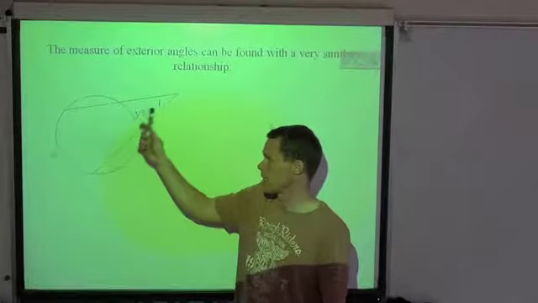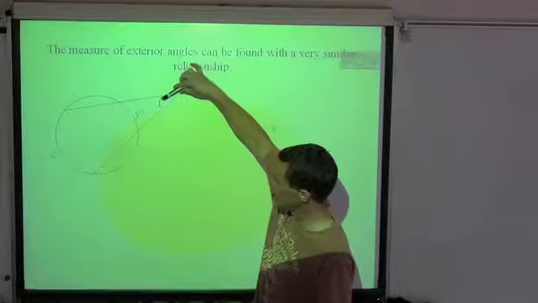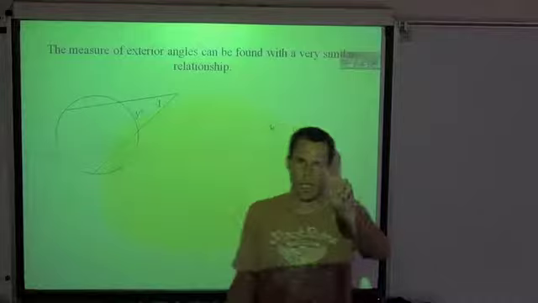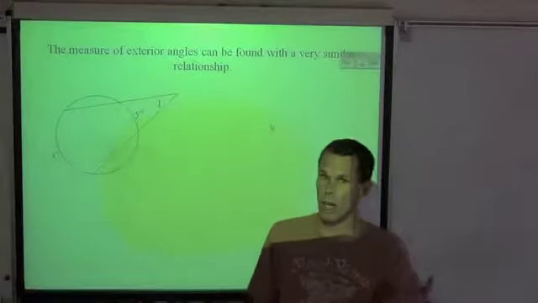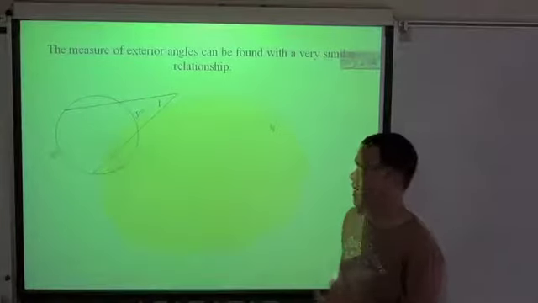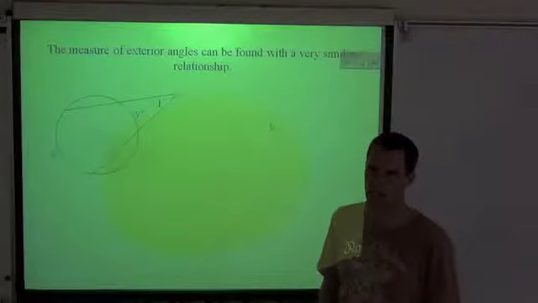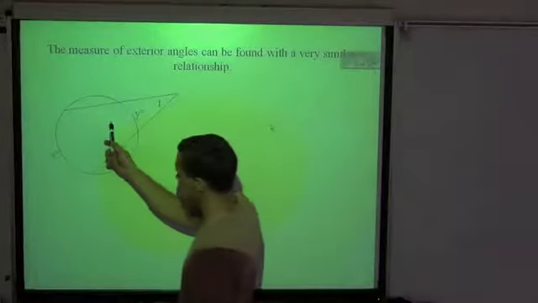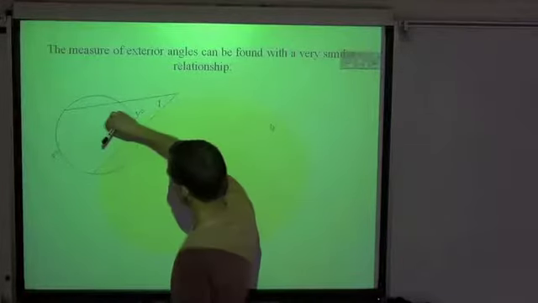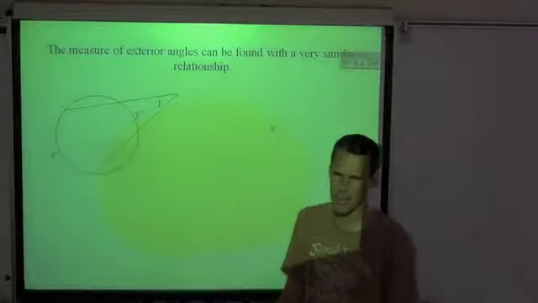So I have two secants here that are forming an angle, angle 1, and this secant is opening up to two arcs again. Notice one is larger than the other. But the problem is this angle 1 cannot possibly be the average of X and Y. The angle inside the circle would be, and that angle would be much larger than 1. Here we're pulling away, and the further we pull away, the smaller that angle is going to get.